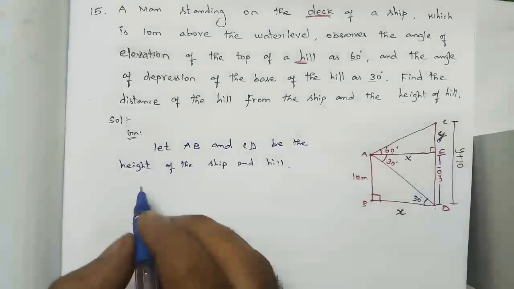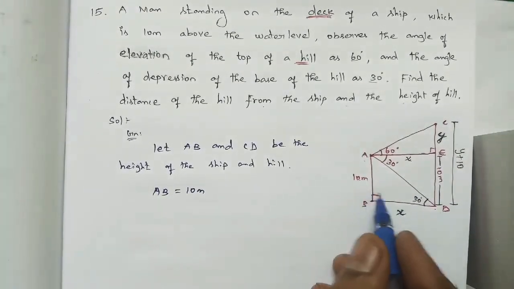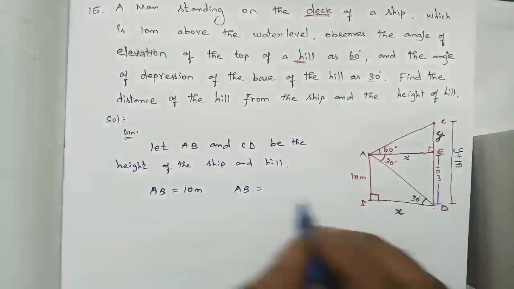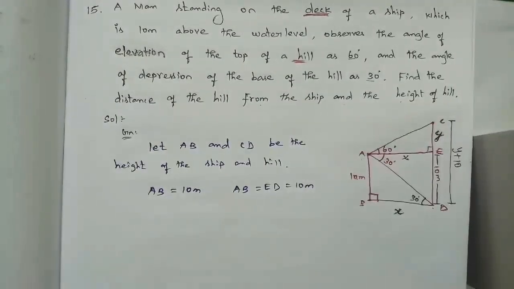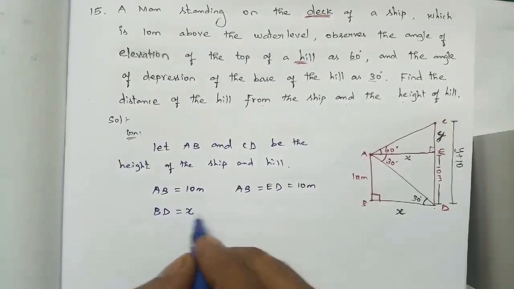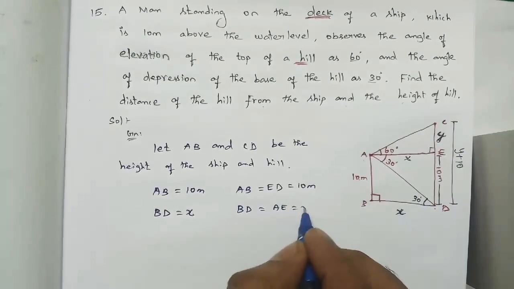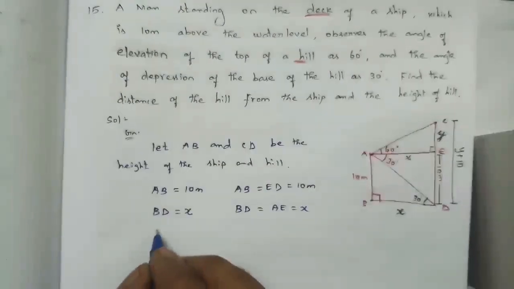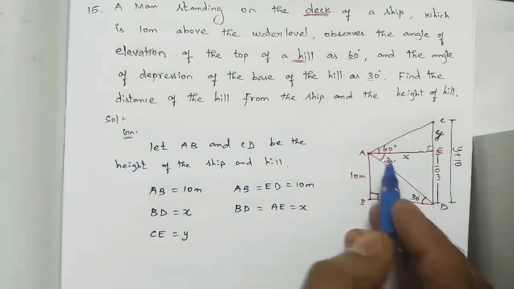AB is equal to 10 meters, and we already know that ED is equal to 10 meters, and BD is equal to x. We know that BD is equal to AE is equal to x, and CE is equal to y, right? We have written all those things, and the 30 degree, 60 degree angles we already know.